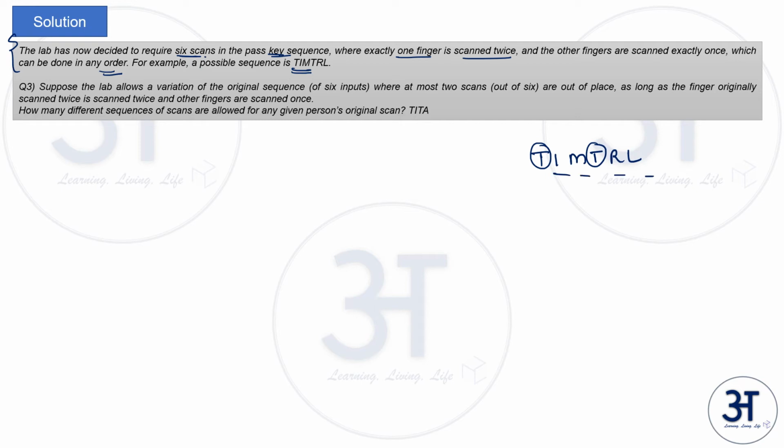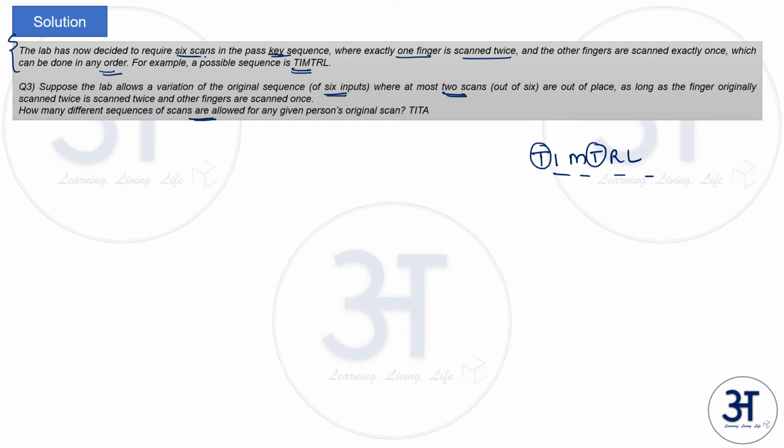Once this is done, what they are asking in question 3 is: suppose the lab allows a variation of the original sequence of the 6 inputs, where at most 2 scans out of 6 are out of place, as long as the finger originally scanned twice is scanned twice and other fingers are scanned once. How many different sequences of scans are allowed for any given person's original scan?